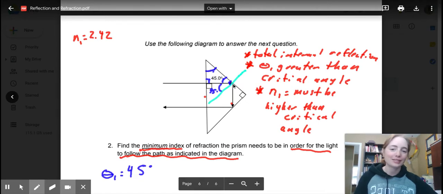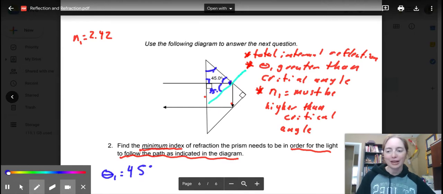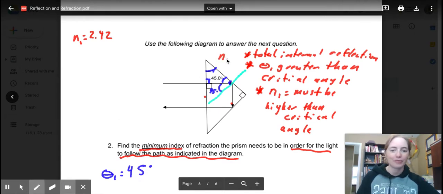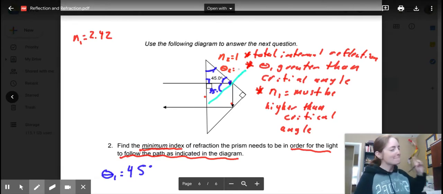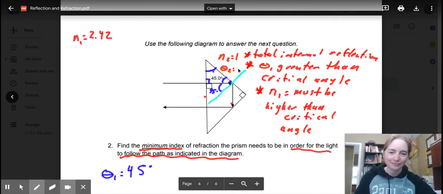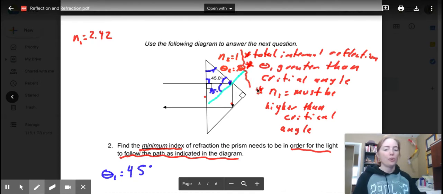So this is the surface between that prism and the air. Well, we know that the N value of air, ladies and gentlemen, so our N2, is going to be 1. And remember that we are looking at a critical angle scenario here. So in critical angles, our theta has to be 90. There we go.